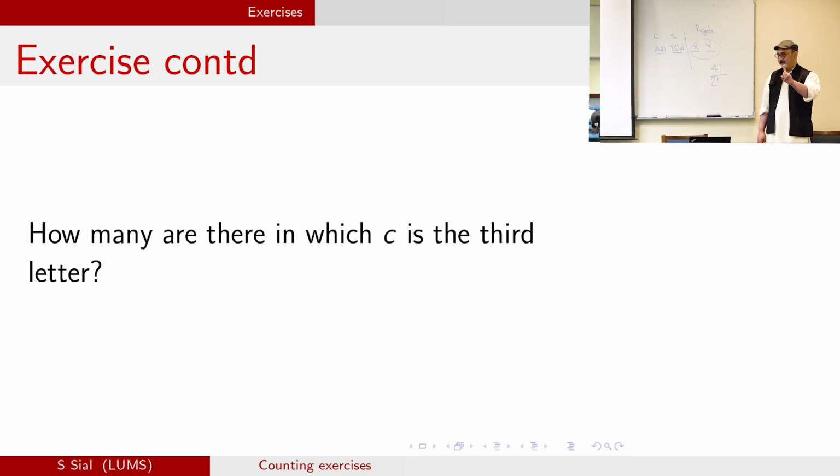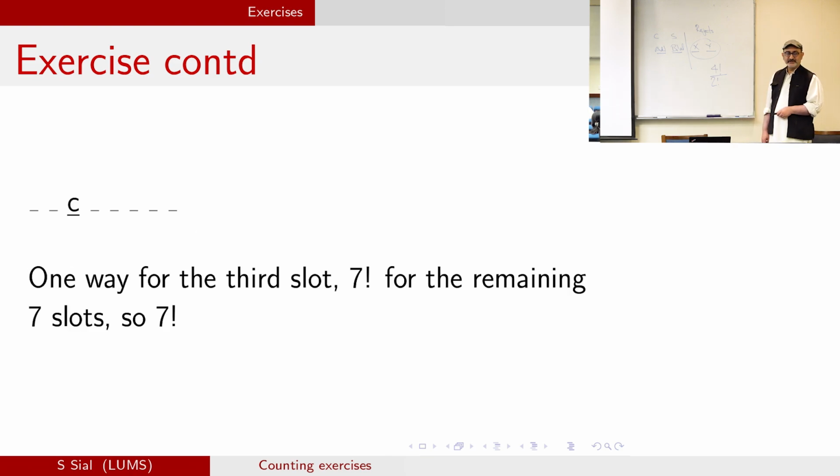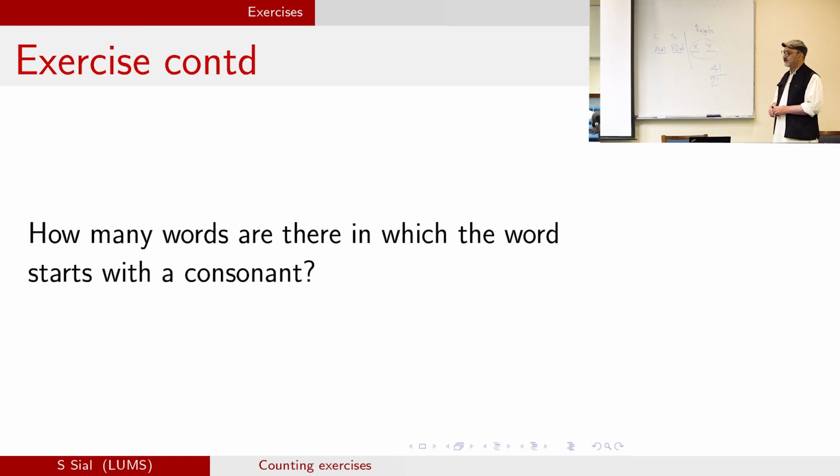From the second one, there's 7, well, there's only 7 you can choose from because the C is fixed, right? So we can write all the other ones. There'll be 7 factorial ways of writing that one, and there's only one way of placing the C. So that condition reduces the number of orderings to 7 factorial.